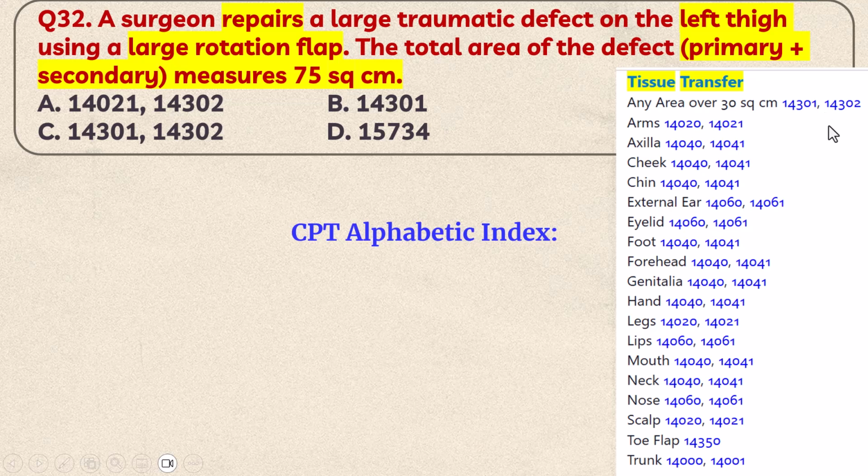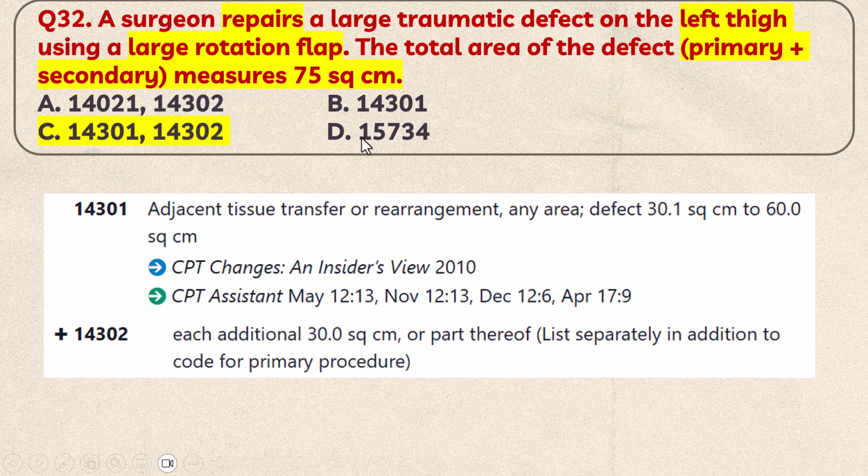So let's go to the tabular list. 14301 is adjacent tissue transfer or rearrangement, any area, defect 30.1 square centimeters to 60. In our case it is 75. So additional: for each additional 30 square centimeters or part thereof, you use 14302. So up to 60 square centimeters you use the first code 14301, and for the additional 15 square centimeters you use this one. So the correct answer will be answer C.